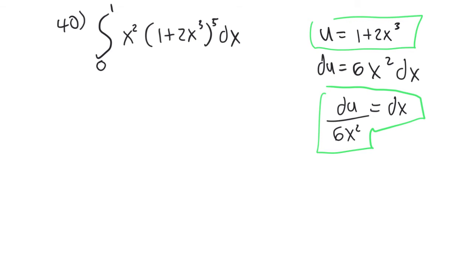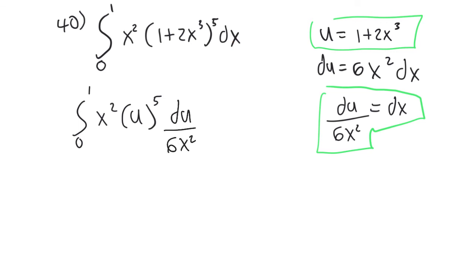Now, the x squared is just hanging out, minding its own business. There it is. But clearly this is u now, so that's u to the 5th. Now dx, according to our setup here, is du over 6x squared. So instead of writing dx, I'm going to write du over 6x squared.